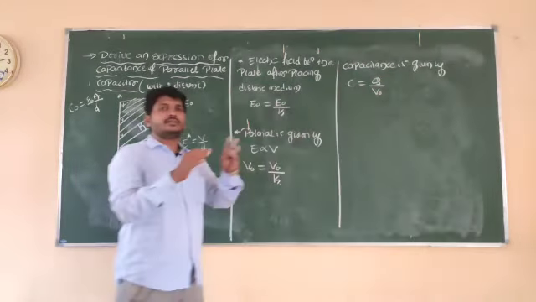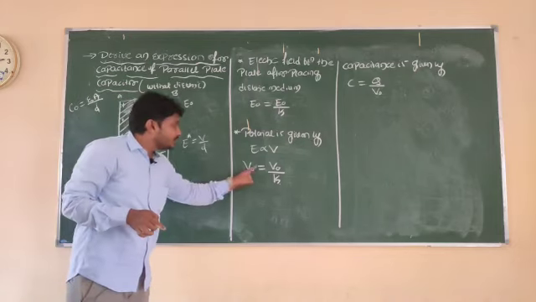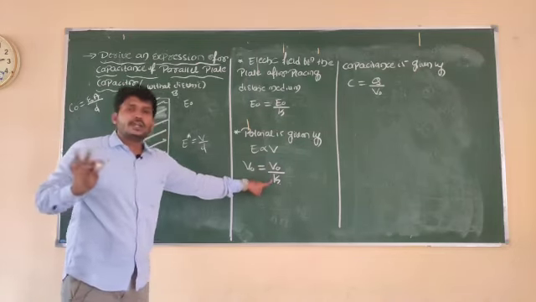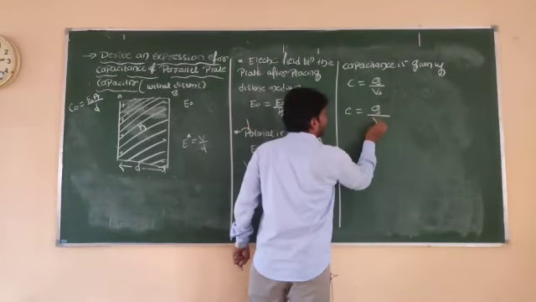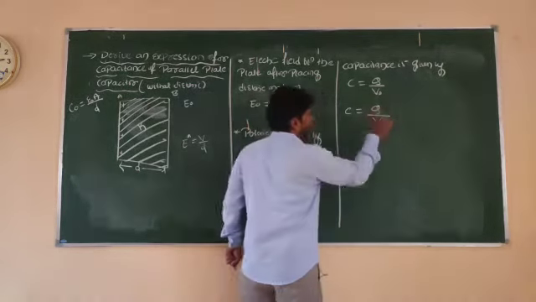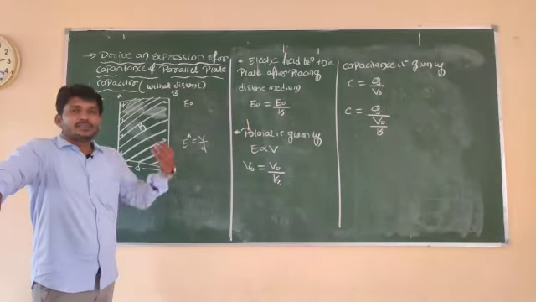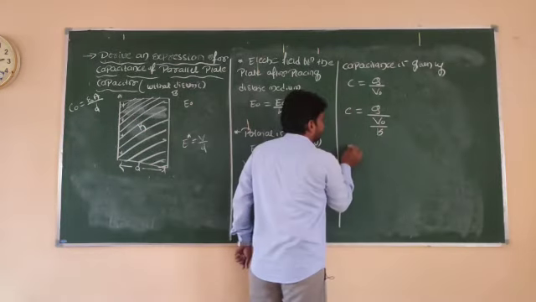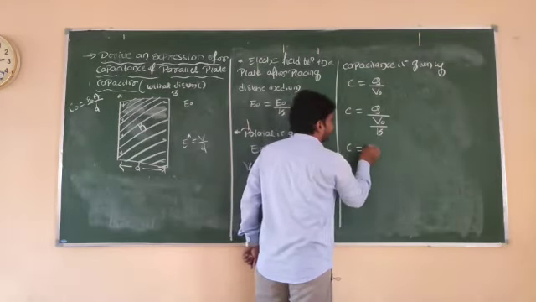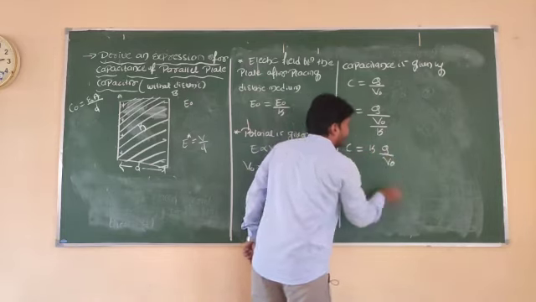If you place the dielectric medium, the potential value changes from V naught to V naught by K. So let me rewrite: Q divided by V naught by K. So let me rewrite this equation: C is equal to K into Q by V naught here.